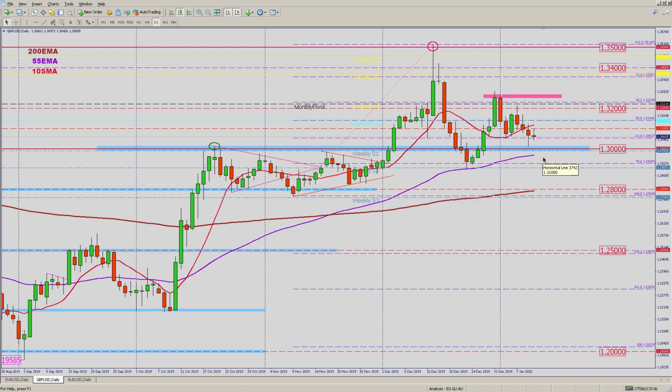There's CPI on Tuesday, PPI on Wednesday, retail sales and Philly Fed manufacturing index on Thursday. And then on Friday, there's some housing starts and consumer sentiment figures. So we'll see what the impact of those will be to the euro and cable.